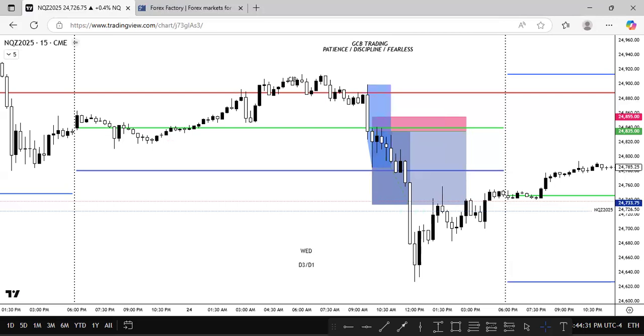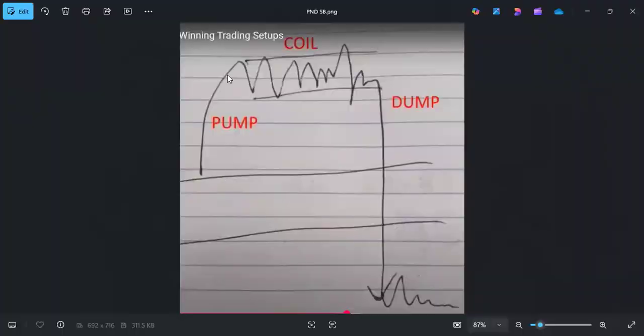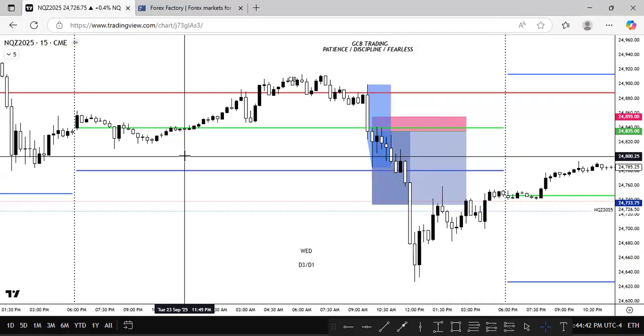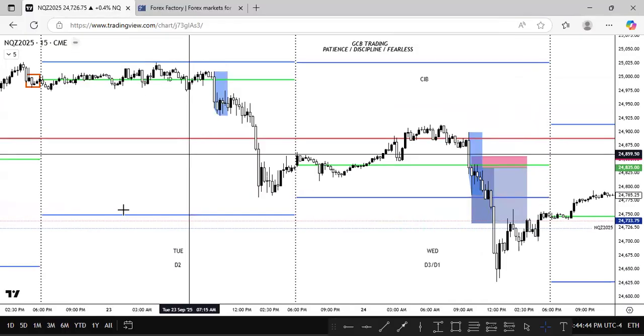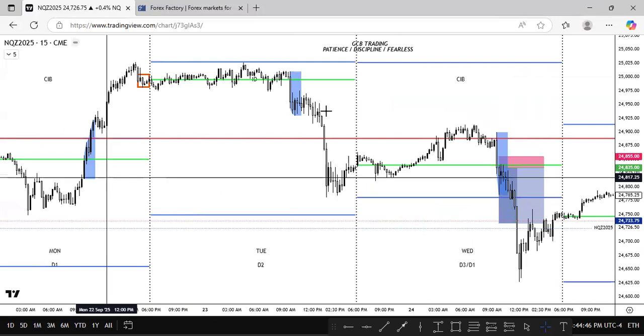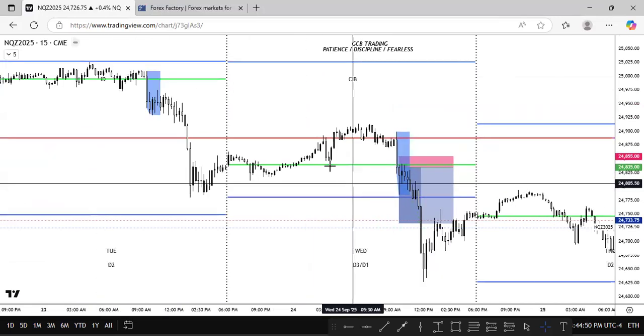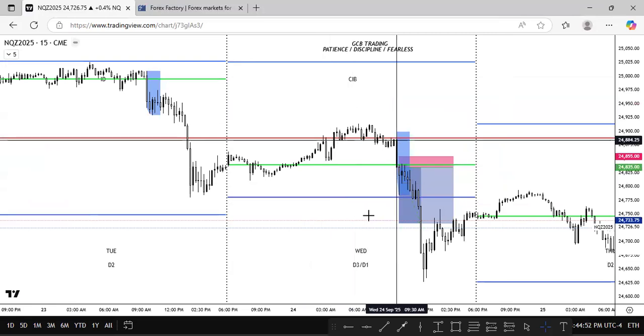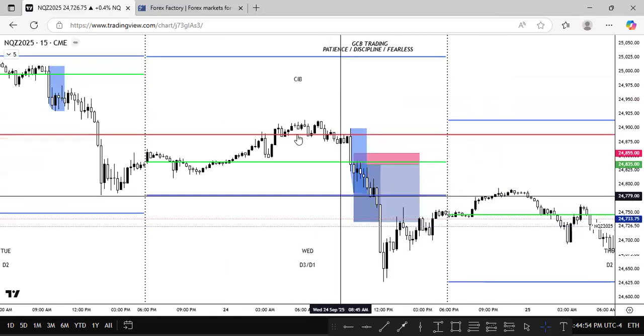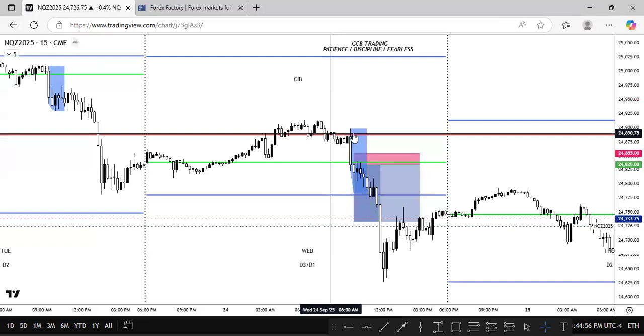So once again, we get a pump, a coil, then we get a dump. Now it's not as big as it was from Monday to Tuesday, but it's a smaller pump, coil, and dump. It's still the same setup, guys, coming off of a previous week's high level.